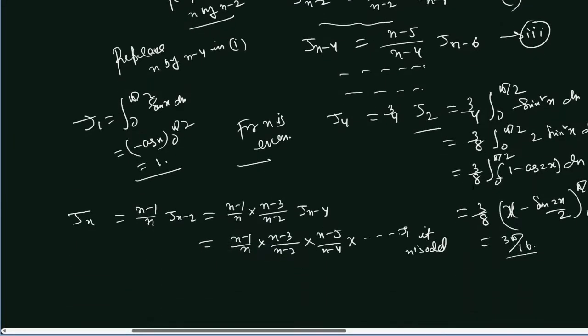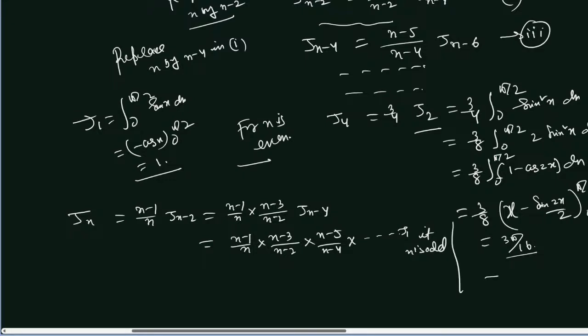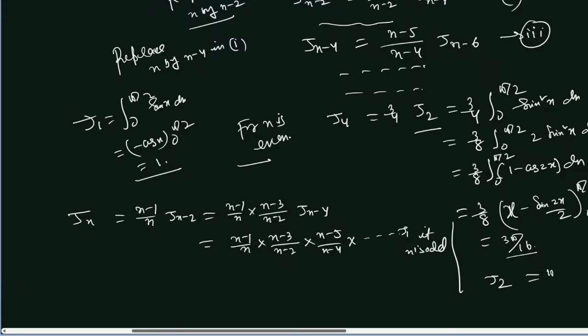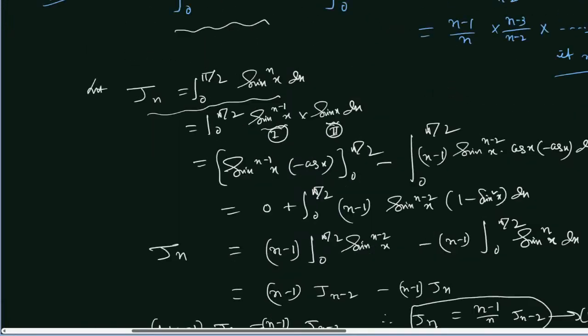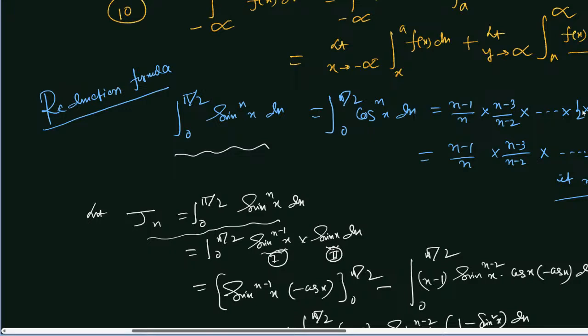J2 value, if we want to know separately, is pi by 4. If you put it there, you will be getting this. And for odd, you will be getting this.